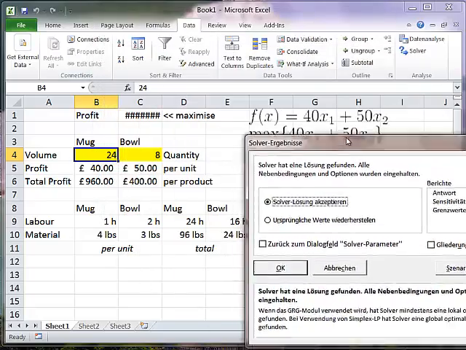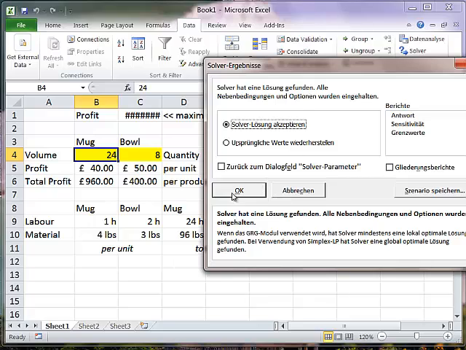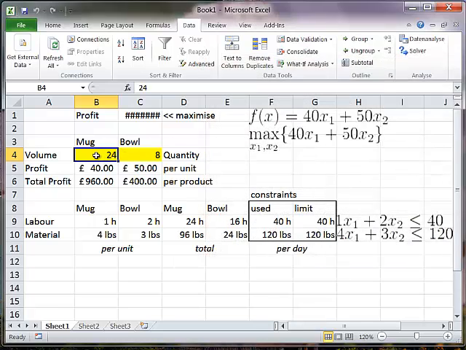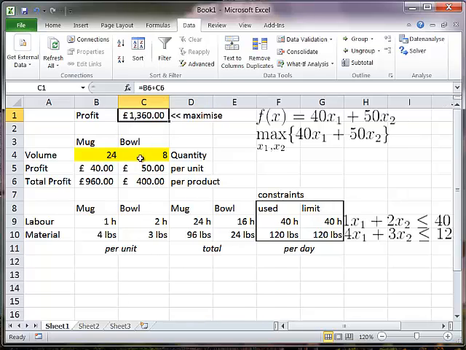So we have found some result. You see the decision variables have changed. We say okay, we accept the new solution. We do see that the profit, we can't read that, so I'll just resize this value. And we see 1,360 pounds is the maximum profit which we can make by creating the right production mix.